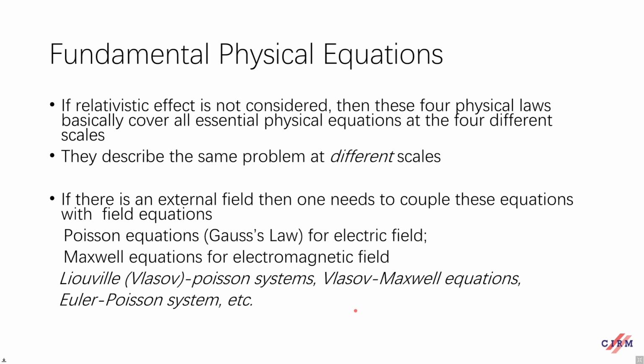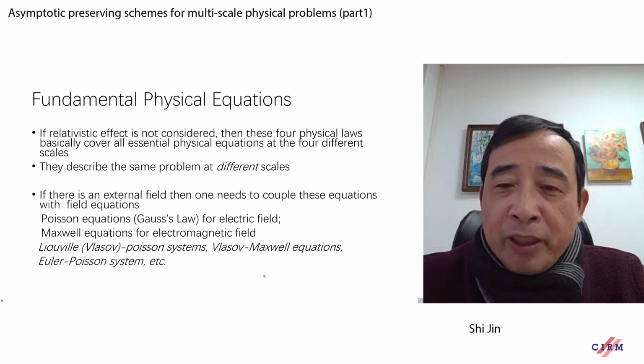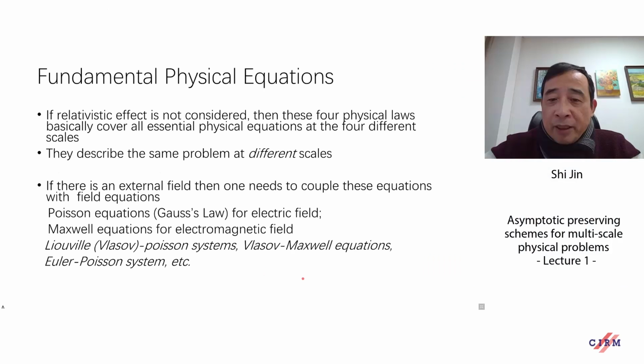So that's why we have equations like Vlasov-Poisson, Vlasov-Maxwell, Euler-Poisson, and so on. So you couple one of these four equations, roughly speaking, with one of these field equations, then you have these systems. So that's essentially all the equations we need to know, actually, if you don't take care of relativistic effects. That's all the physics equations that one needs to study mathematically.